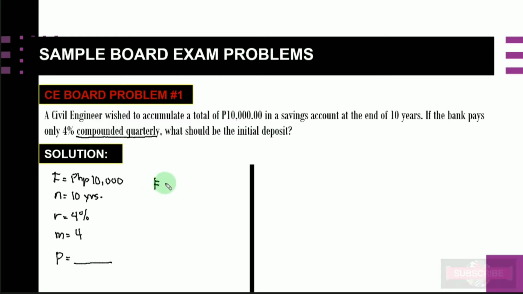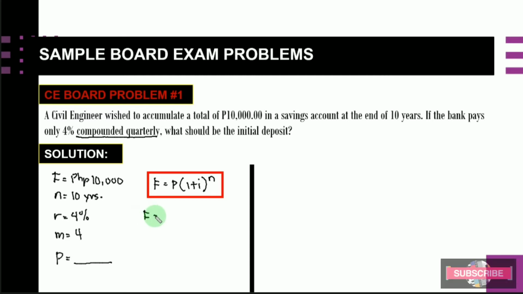So you must go into this formula: F is equal to P times (1 plus i) raised to the N. This is the most basic formula when compoundings are involved. So we have F, we have i in terms of your R and M, we have N, and the only unknown is our P. From this formula, we can rewrite it into this form: 1 plus R over M, and then if there are compoundings, take note, N stays, but you multiply it by your compoundings M. That's the very basic thing to remember: for compoundings, your i is just R over M, and your N stays but you multiply it by M.